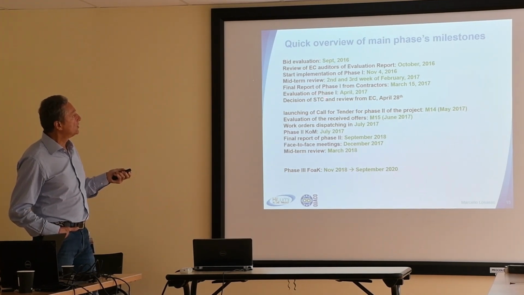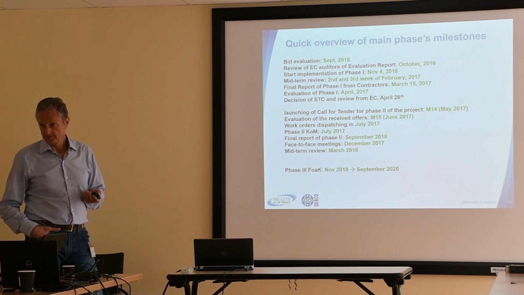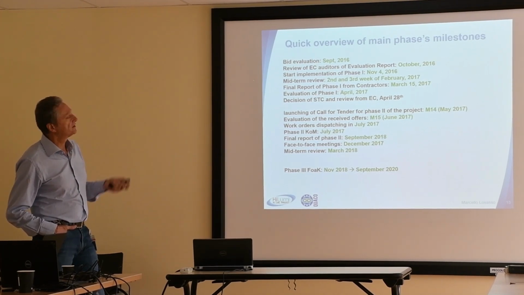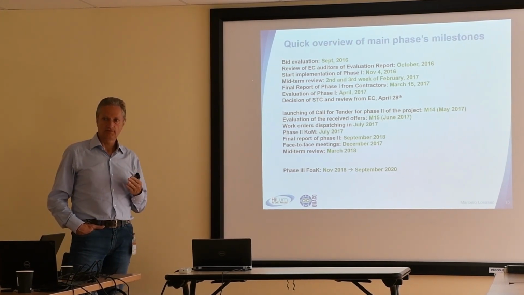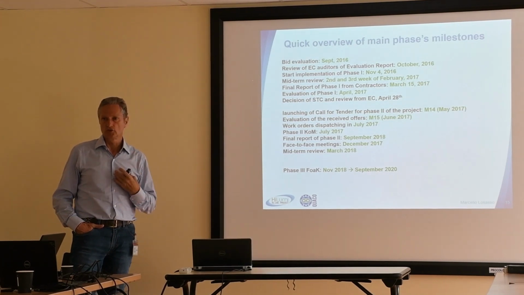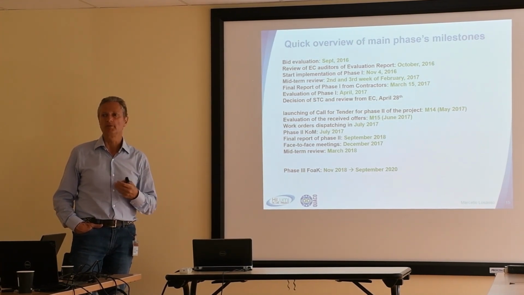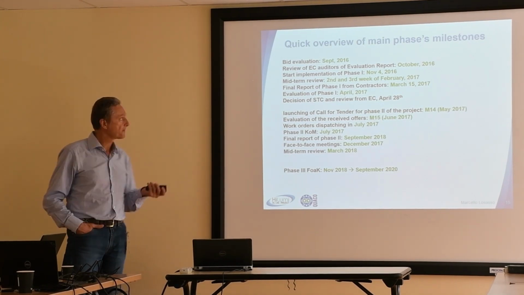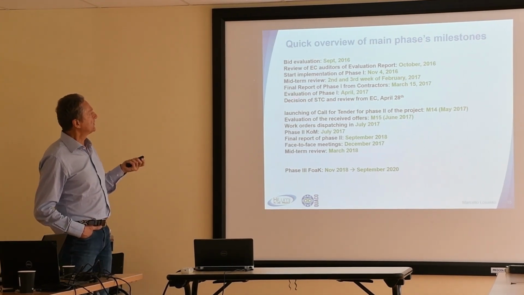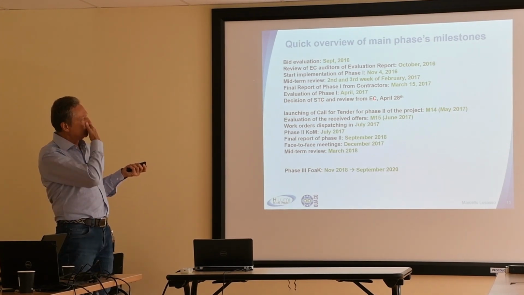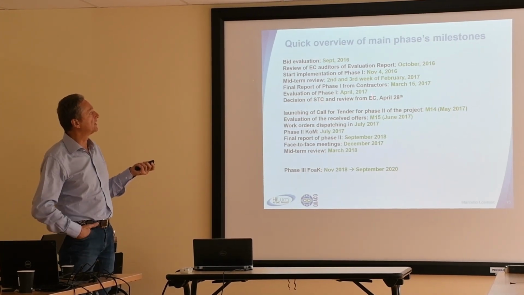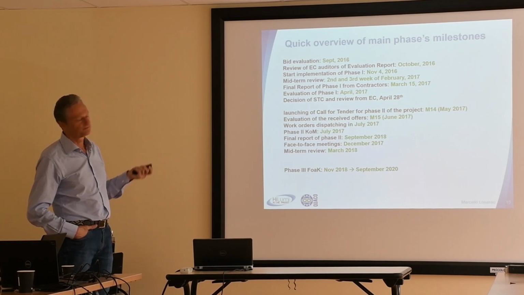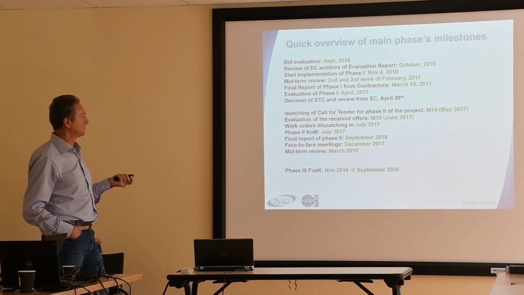You make the evaluation of phase 1. The evaluation of phase 1 provides you the possibility to make companies eligible to participate in phase 2. Then there is the decision of the steering committee and the review again from the European Union of what you have been doing.